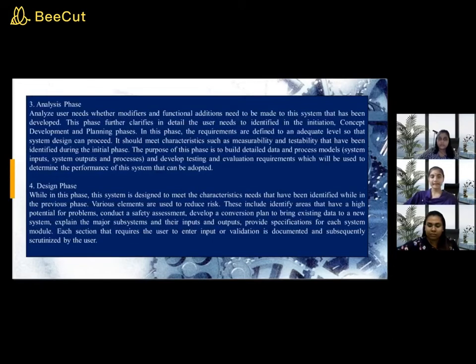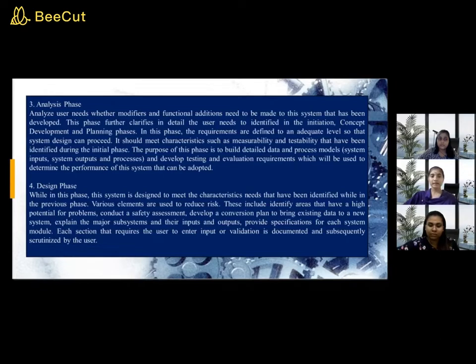Third is the analysis phase. Analyze user needs, whether modifications and functional additions need to be made to the system that has been developed. This phase further clarifies in detail the user needs identified in the initiation, concept development and planning phases. In this phase, the requirements are defined to an adequate level so that system design can proceed.